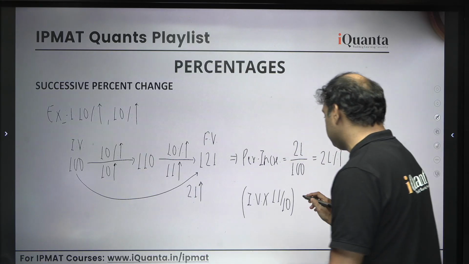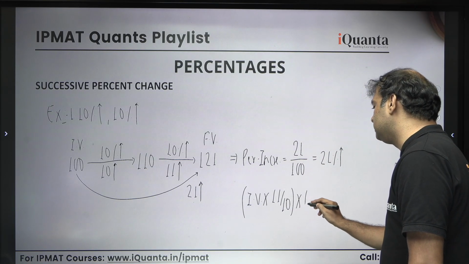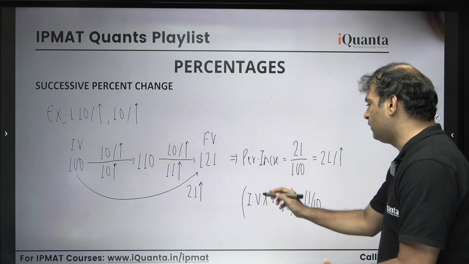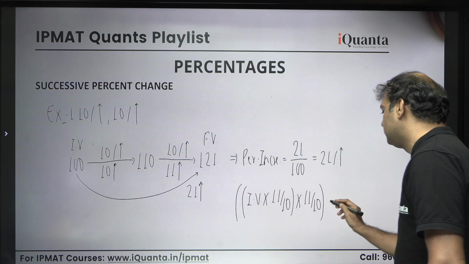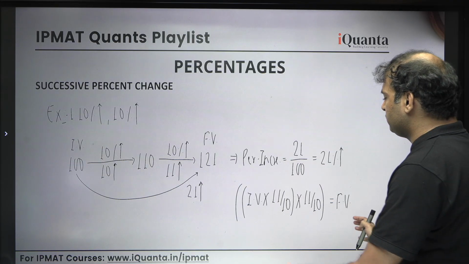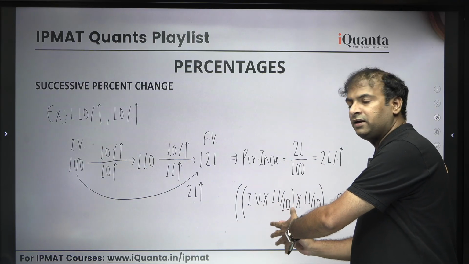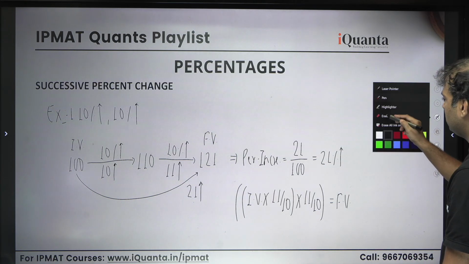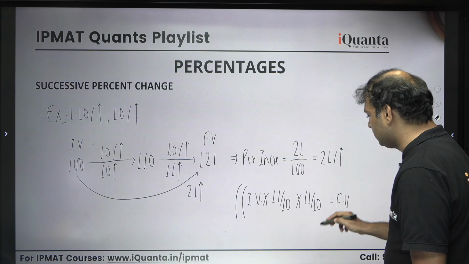So we'll be multiplying 11 by 10 to the initial value of the second change, which is this one, right? Now we can say this is finally the final value after both the changes. And whenever so many terms are being multiplied, there is no importance of the bracket, so we can remove the bracket sign as well. So let's remove the bracket sign, and we can say what?